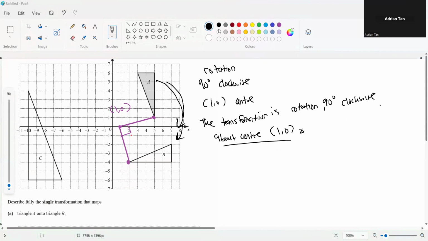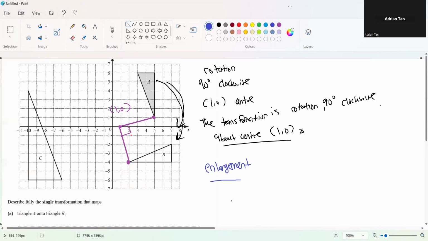And then for your last one, triangle A to C. So triangle A to C also swaps orientation. However, the bigger concern here is that it has transformed in size. So if the size changes for your transformation, we are more interested in a different transformation known as enlargement. So for enlargement, first we need to find out what is the scale factor.